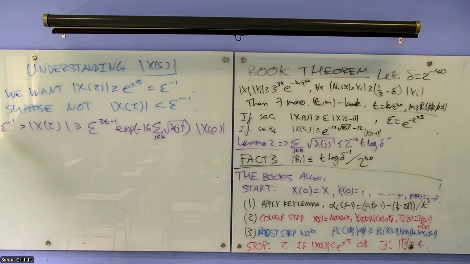So all we need to do is show that this upper bound on x0 is wrong. In other words, our original x is bigger than whatever, and then I'll give the contradiction.